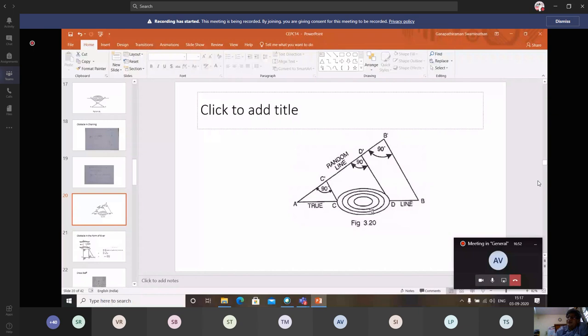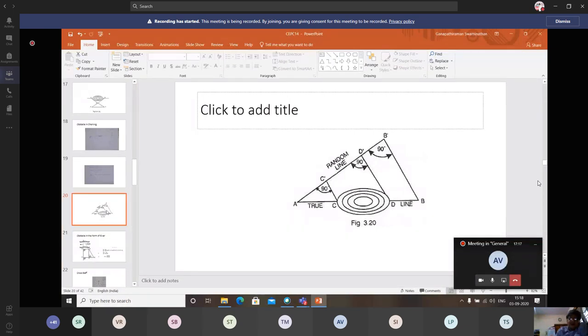Sometimes what will happen, if you are marking an overhanging cliff, you will have an intersection of the contours. The contours are likely to intersect if you have an overhanging cliff. Do you understand that?